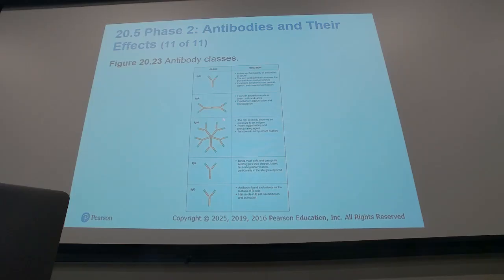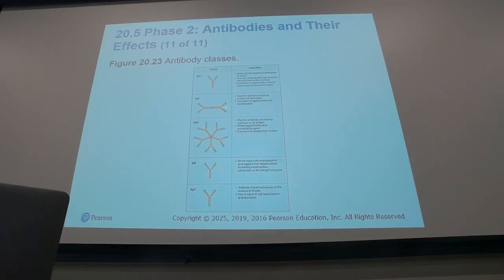Now, IgM is a pentamer. And this one helps to fix the complement system and agglutinates erythrocytes and bacteria. Let's say that potentially each of these monomers can hold 2 antigens. So this one can hold 2 antigens.